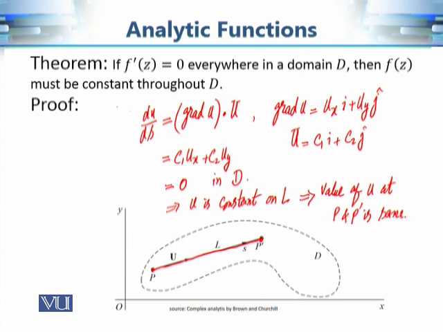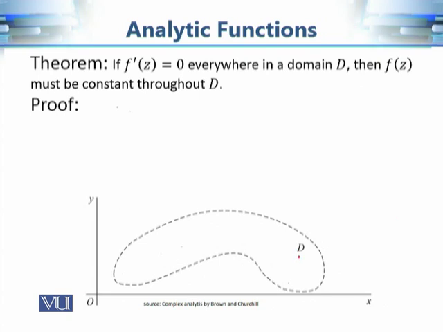Now let's see how this observation will help us prove that u is in fact constant throughout this domain D. The point is, this D is open and connected. Connected means that if I choose a point, let's say P1, and any other point, let's say P2, then connectedness implies that there exists a finite sequence of line segments that will join the point P1 to P2. So let P1 and P2 be two points of the domain.